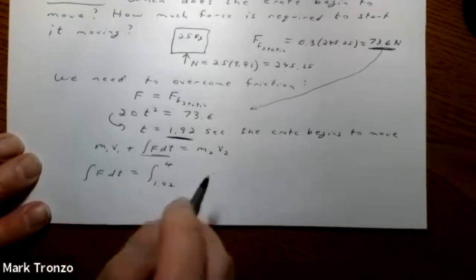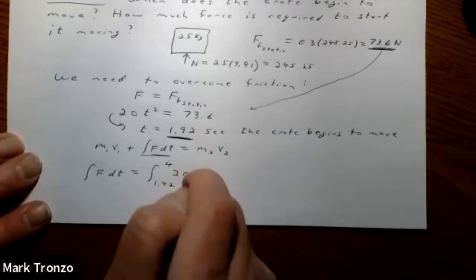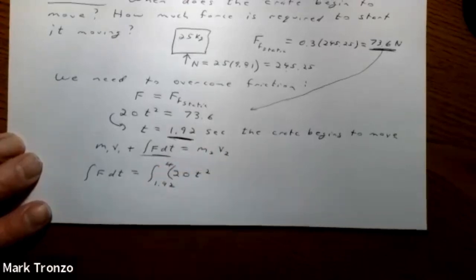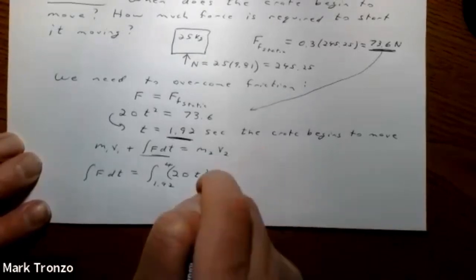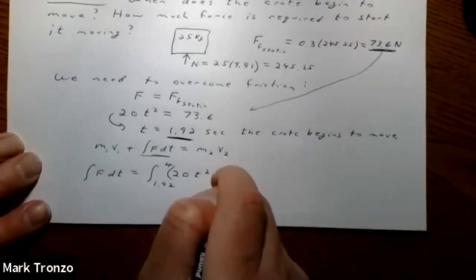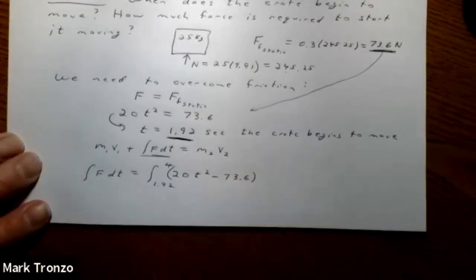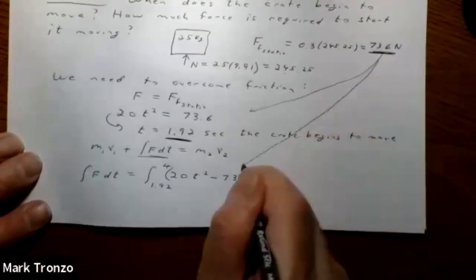The force acting on this is going to be the motor, which is going to pull it at 20t squared. But then the friction force is going to be operating in the opposite direction, so it's going to be minus 73.6. Again, that's going to be the friction force.